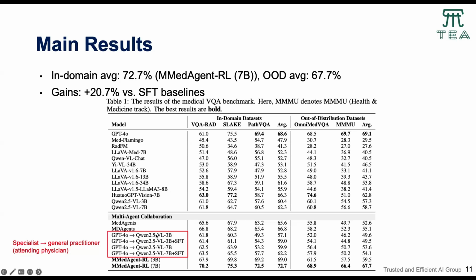So they just omit the first doctor. They directly conduct the specialist and then the general practitioner, which is the attending physician. They just take the specialist output and then conclude over it, but they don't have the first step. From the table, we can see their method with the 7 billion model has the highest performance compared to all of the baselines.